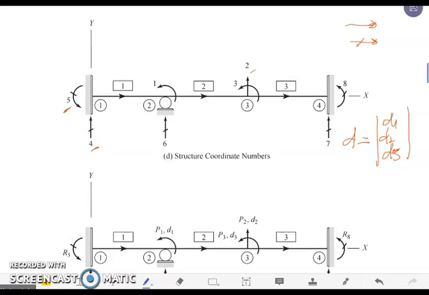In joint 2, we have a restraint coordinate for translation along the y direction. So we have an arrow with a slash and we denote that as 6. Then at joint 3, we don't have restraint coordinates.